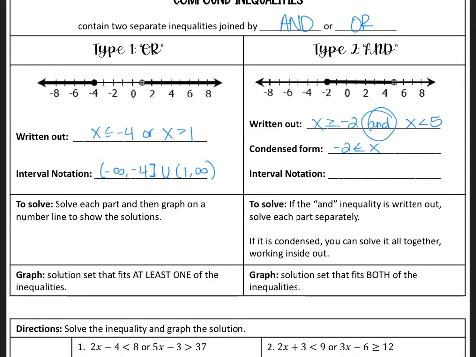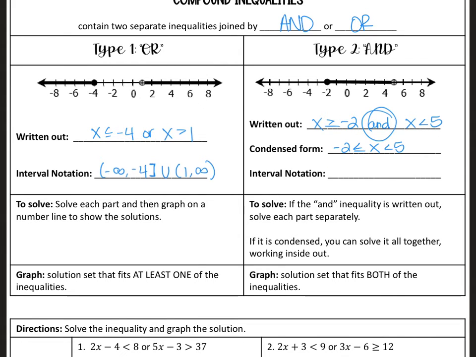So what we did is we essentially wrote this first inequality in reverse. So instead of x is greater than or equal to -2, we wrote it as -2 is less than or equal to x. And then we know x is also less than 5. So that second inequality gets tacked on as well. So this is called the condensed form of that compound inequality.